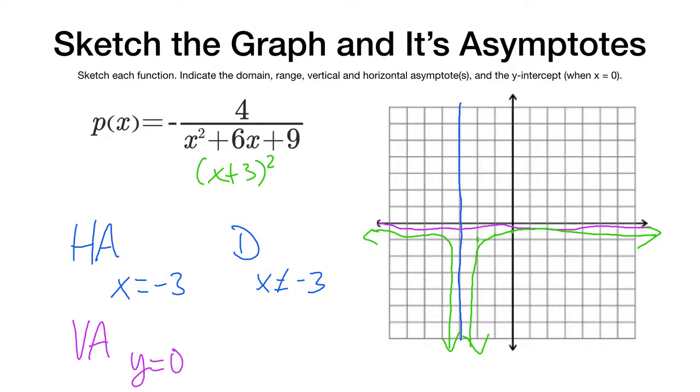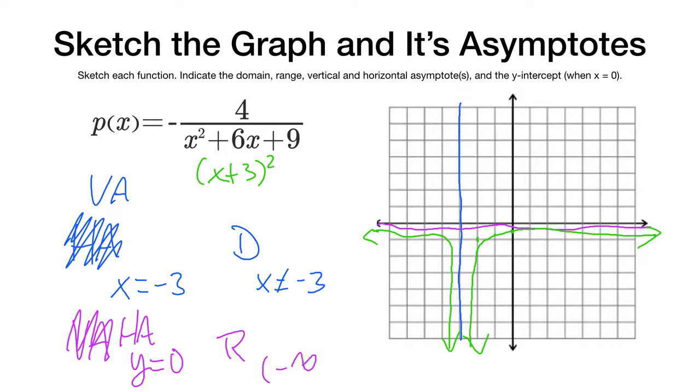Notice that we have no actual extra point in the middle. That's because we only have one vertical asymptote, and only one horizontal asymptote, and I mislabeled these. Now, let's talk about the range. In this case, the range is only going to be from negative infinity to 0, because there is no middle section to go up.